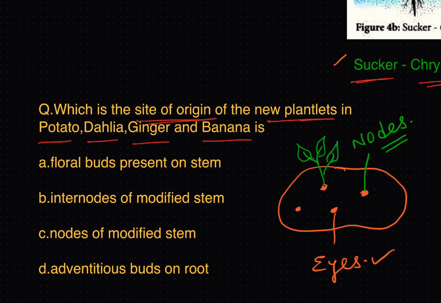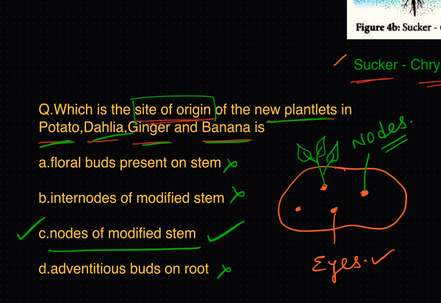So, what is the site of origin of a new plantlet in a modified stem like potato, ginger, banana, dahlia? It is the node of the modified stem. It is not the adventitious bud, it is not an internode, it is not a floral bud. So, the right answer is that from the nodes of the modified stems new plantlets will arise, right. That is all.